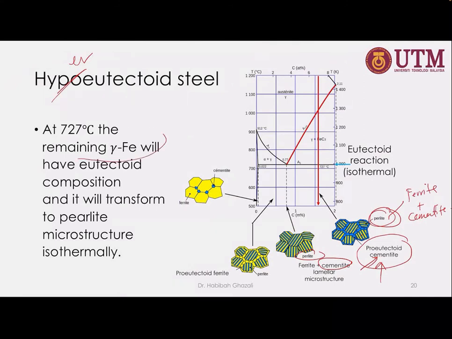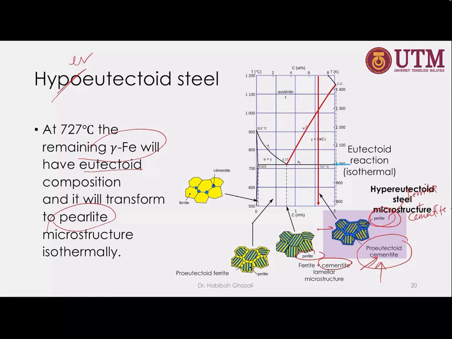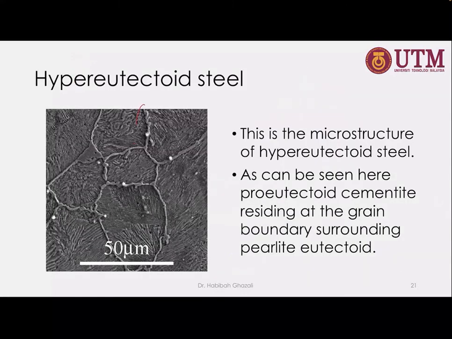So again, the remaining gamma or austenite has eutectoid composition, and it will transform into pearlite isothermally. Again, remember, for the hyper, the grain boundary is dominated by cementite. That's the reason at the grain boundary here you can see a structure protruding from the surface.